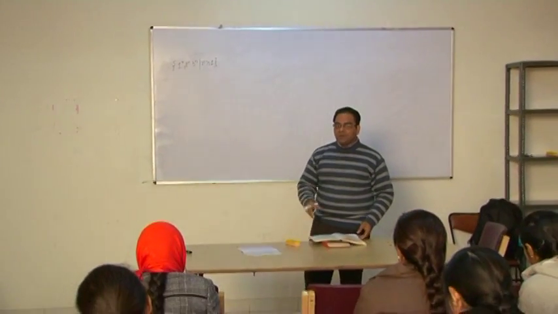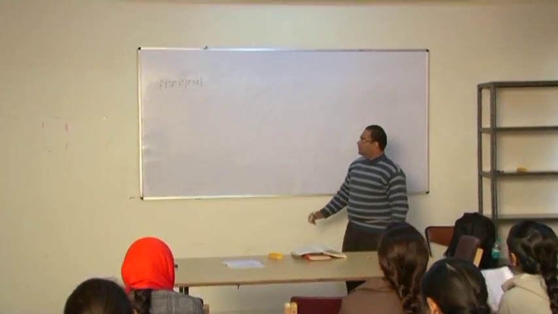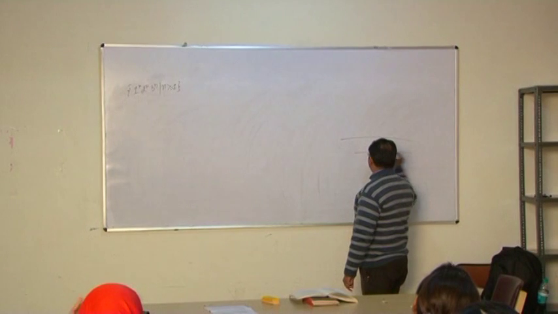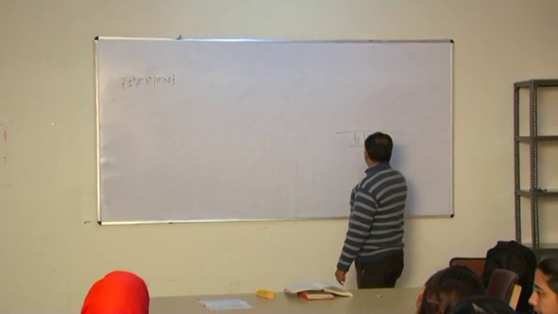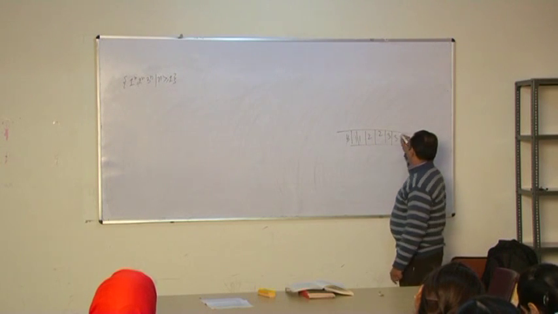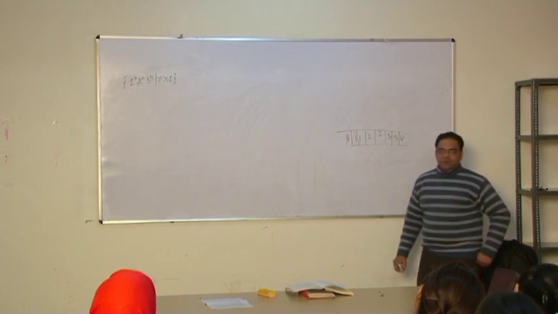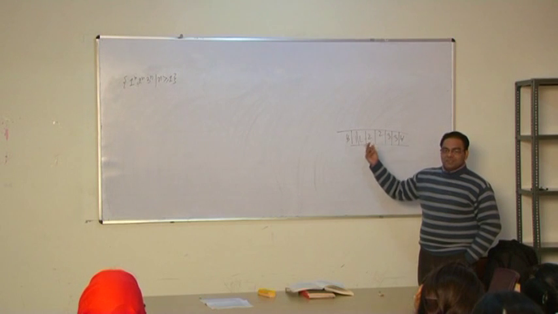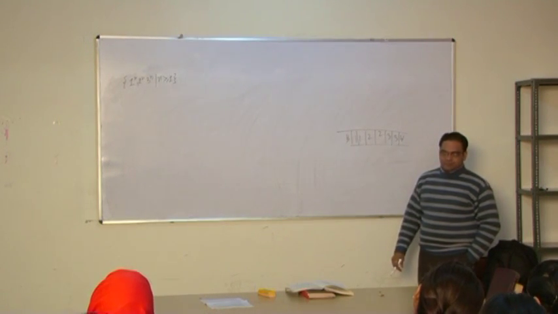So how can you do it by matching? The ones, twos and threes must be equal in number.